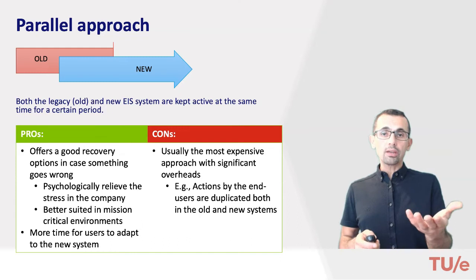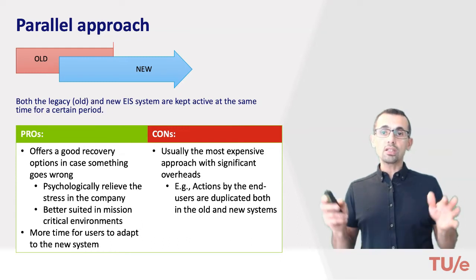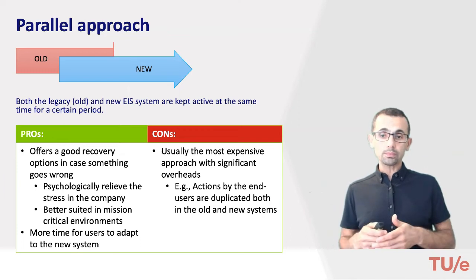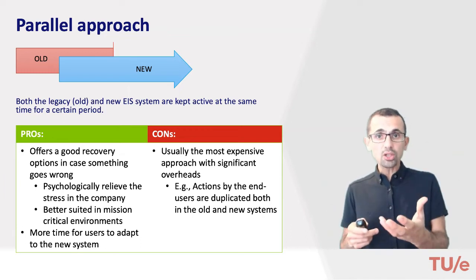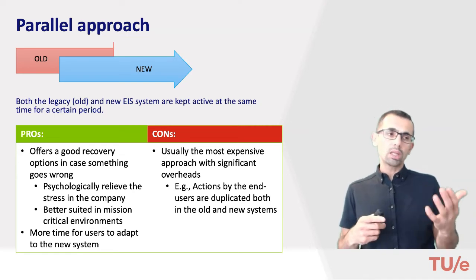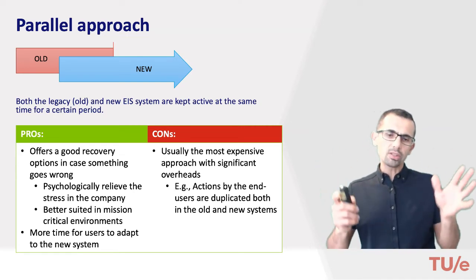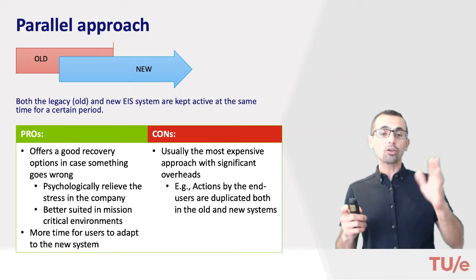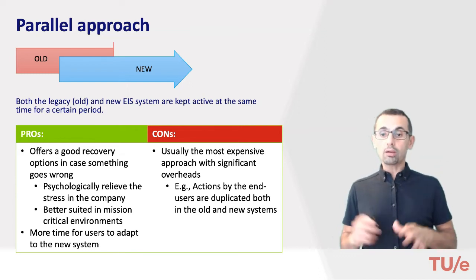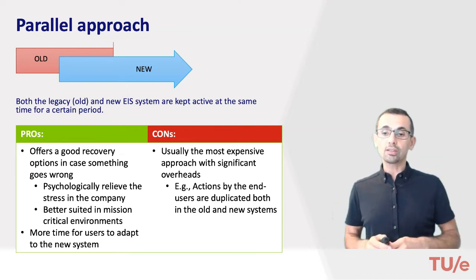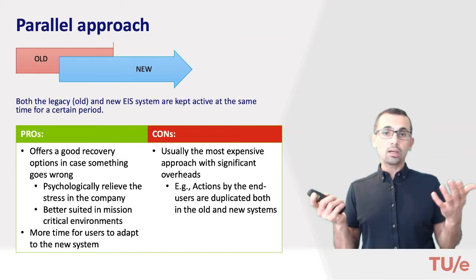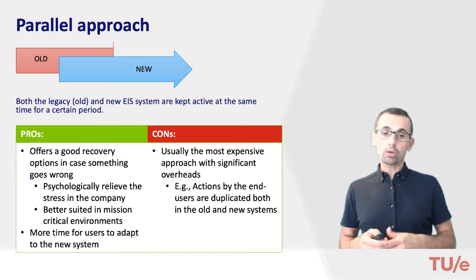And essentially, if the organization is operating in a mission critical environment, or the system is mission critical, like an air traffic control system or the baggage handling system, for instance, which is arguably mission critical, or systems in a nuclear power station, that is mission critical, obviously, then this way of transition would be the only reasonable approach.